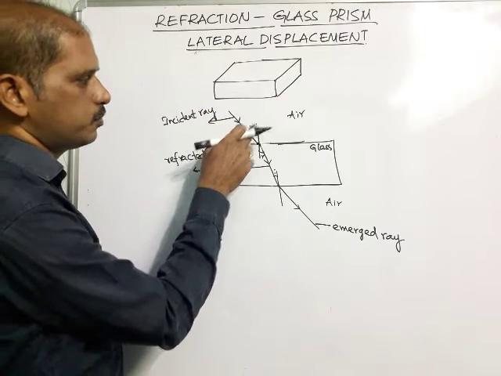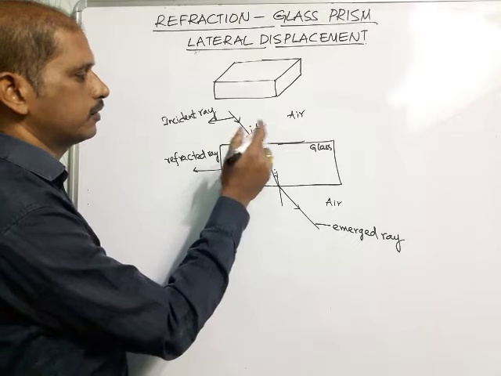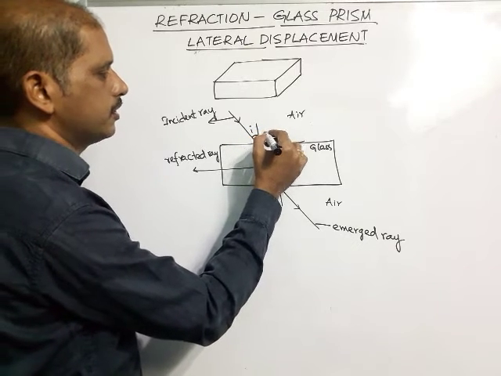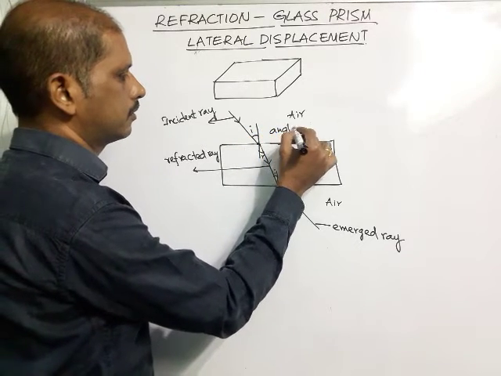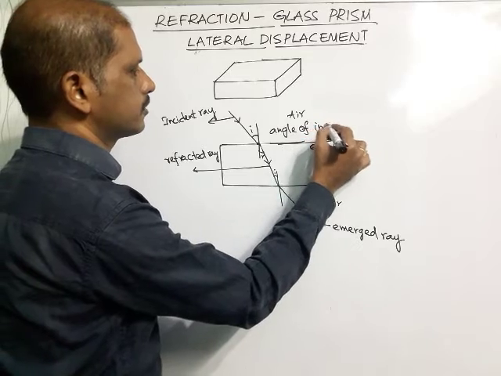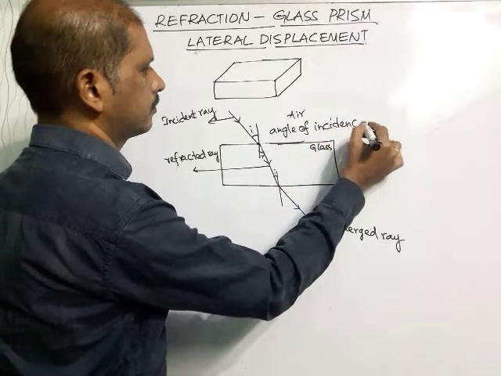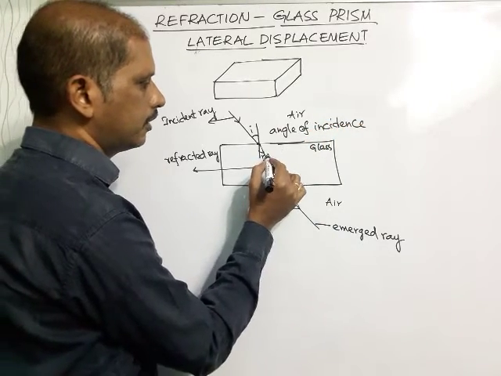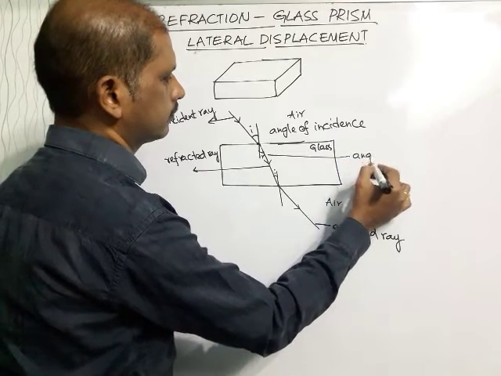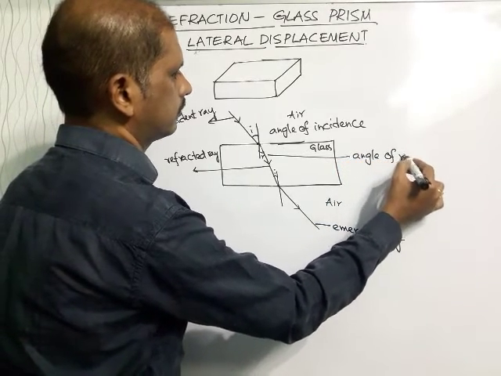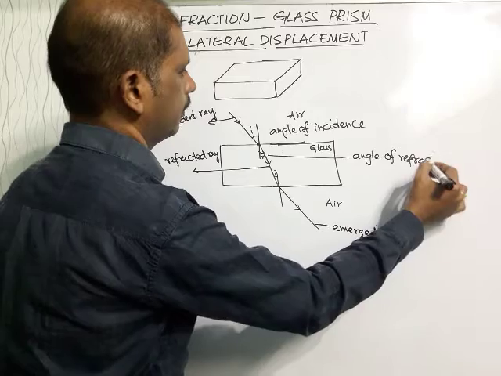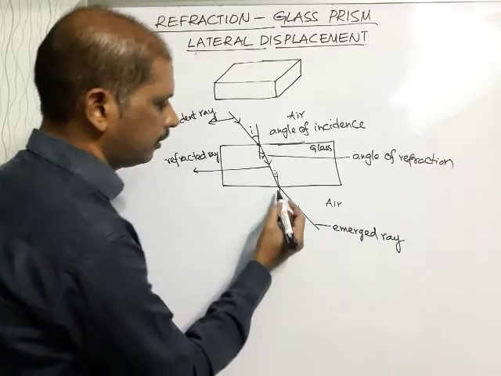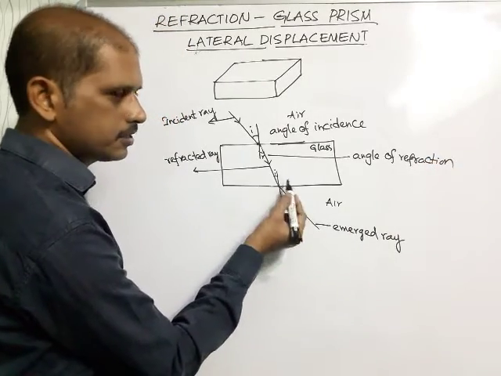The incident ray is making an angle with the normal. So this is the angle of incidence. Here this is the angle of refraction. Here this is the angle of incidence again.